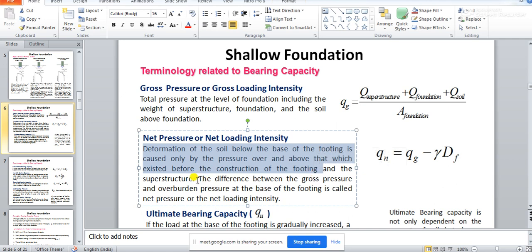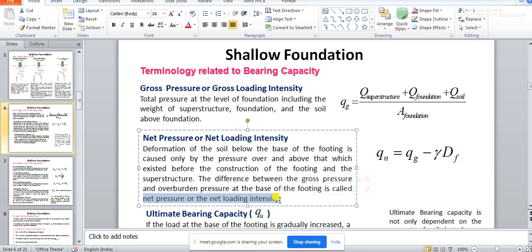So if you take the difference between the gross pressure and the overburden pressure, which is nothing but gamma into Df, at the base of the footing, that will be termed as net pressure or net loading intensity. Mathematically, it is very simple to understand.